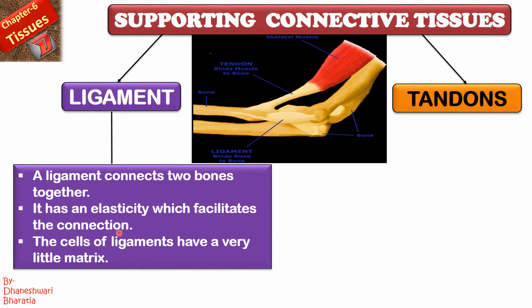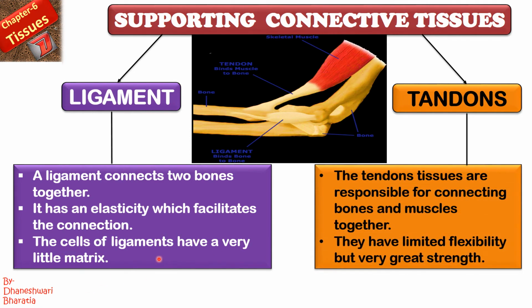It has an elasticity which facilitates the connection. The cells of ligaments have very little matrix. And tendons are responsible for connecting bone to the muscles, and they have limited flexibility but very great strength. So tendons are quite stronger as compared to ligaments.